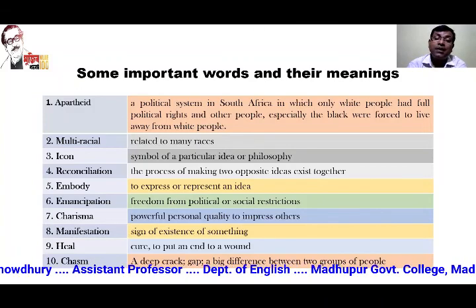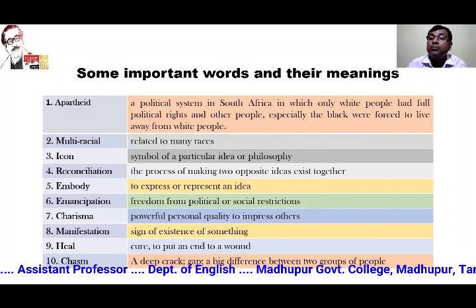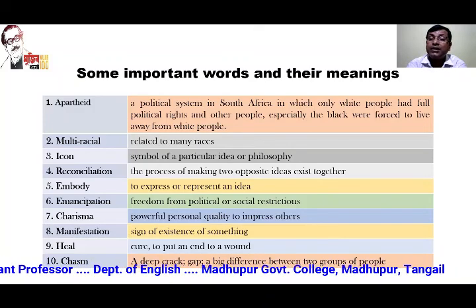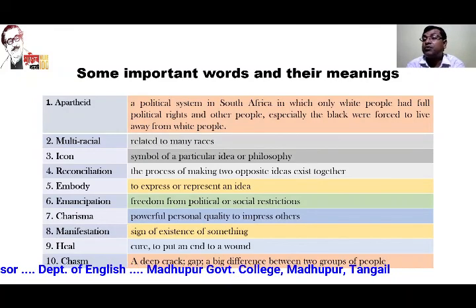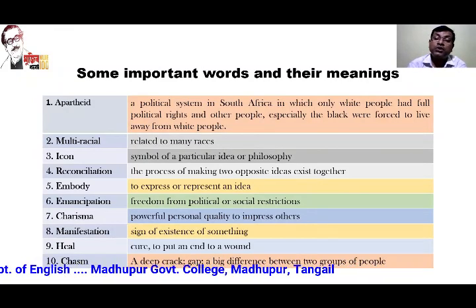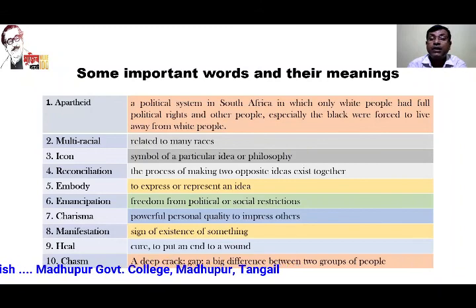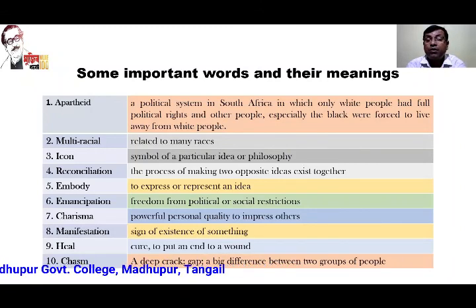And once again, unless you know the meaning of the text quite clearly, it might not be possible to answer any other question very effectively. That is why knowing the meaning of the words is very essential.